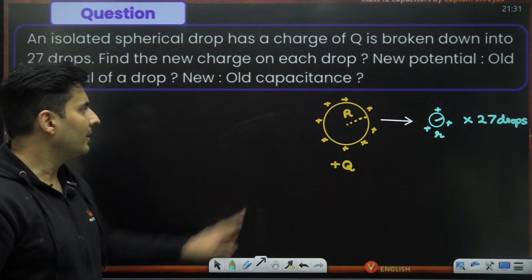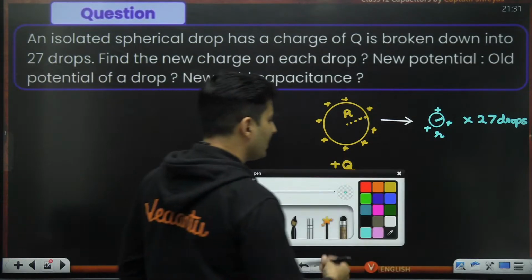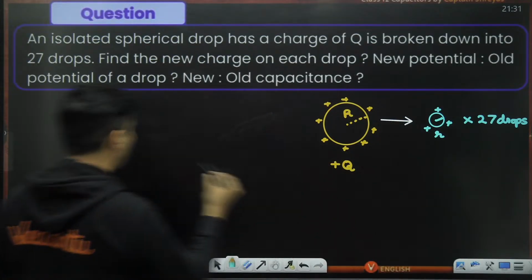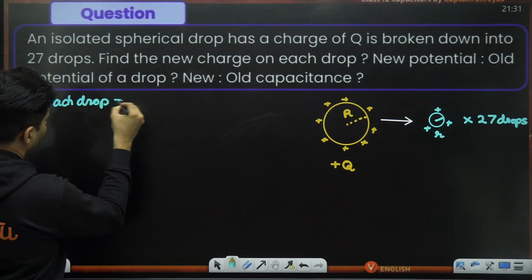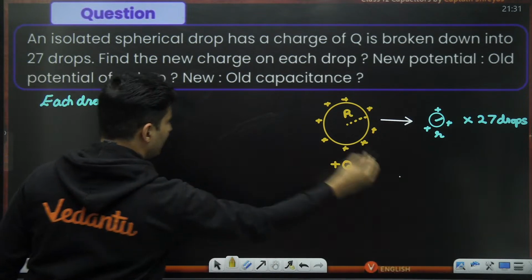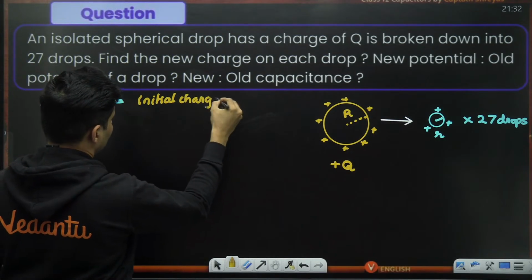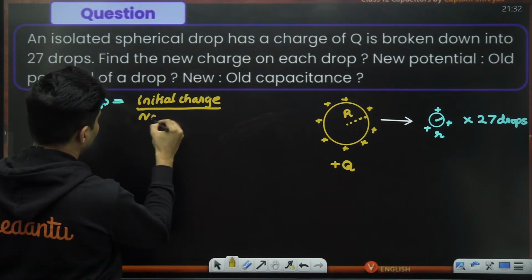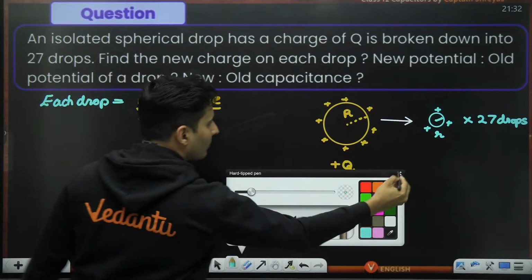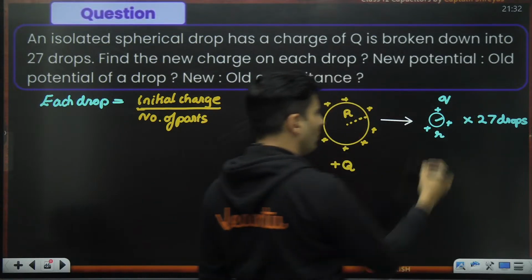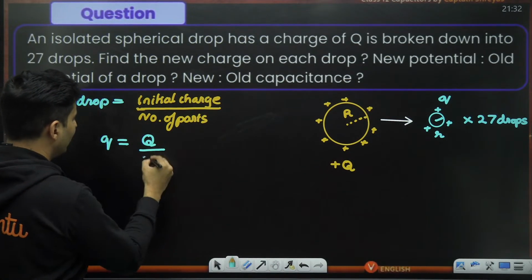Okay, fair enough. In this process, what will happen? Obviously, if you break it into 27 drops, each drop will have the original charge divided by the number of parts that you make. So if each of these has a small charge q, this q will be that original charge divided by the number of parts.